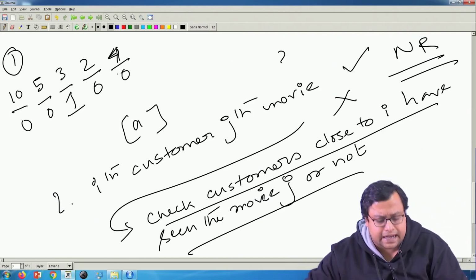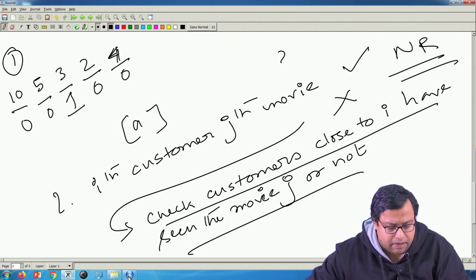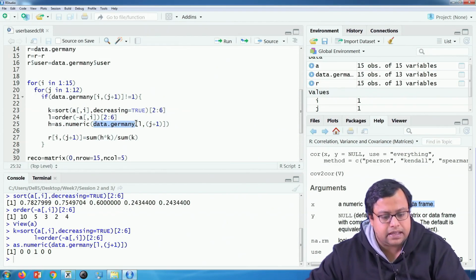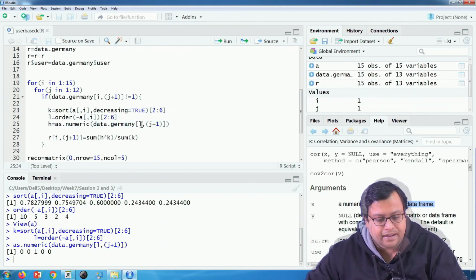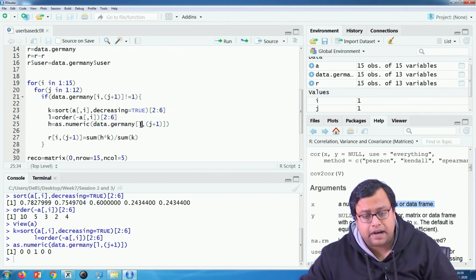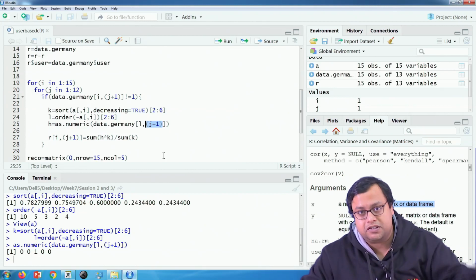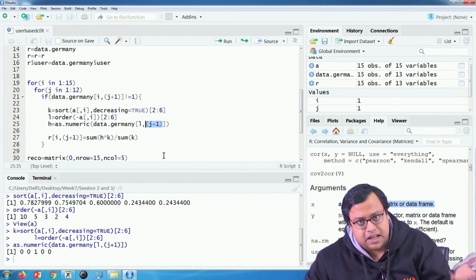How will I get this data? I will get this data from my data.Germany. L is the customer IDs, L row number and j plus 1 column number. Why j plus 1? Because first column was the user IDs.